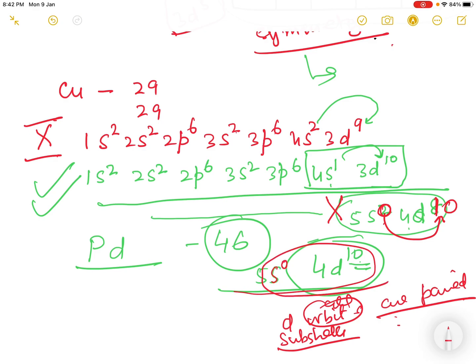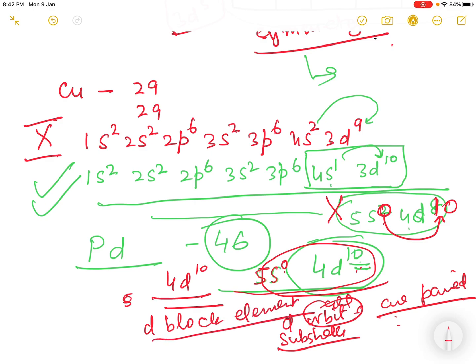So there is no electron in the 5s orbital, but both electrons go to 4d and it becomes 4d10. So palladium has electronic configuration 4d10. This is called a d block element, and in its outermost orbital there are 10 electrons.